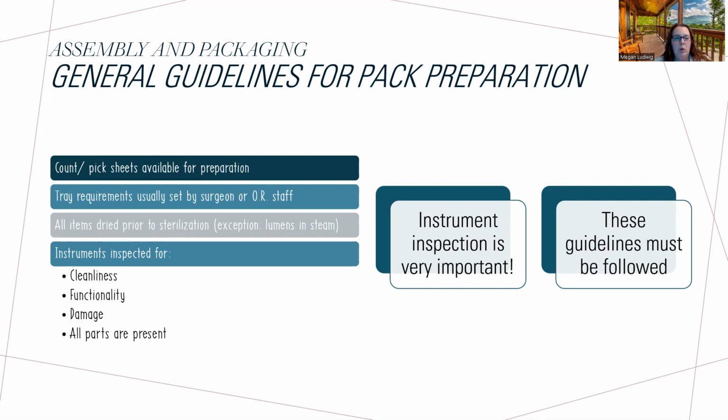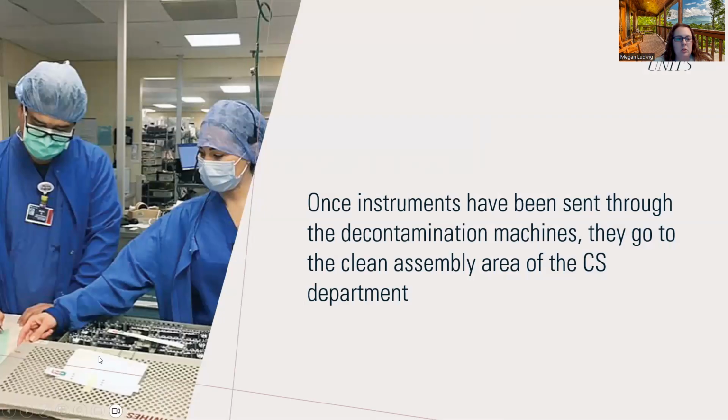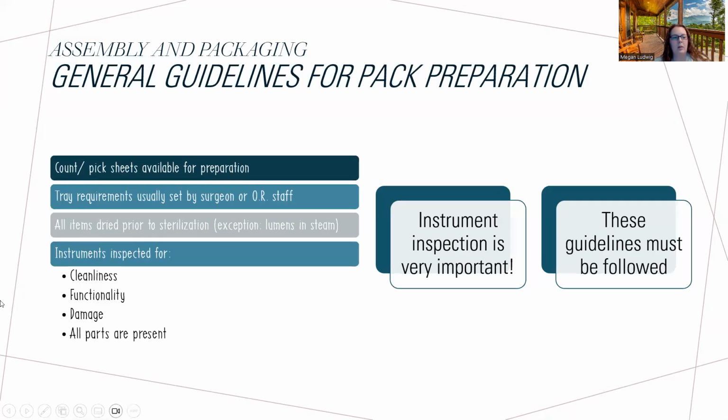So a lot of those, like that tray in the previous slide, it's kind of hard to see, but this piece of paper most likely has everything needed in that tray. A lot of facilities have something that can be printed off, literally checked off by the person packaging it as they're going through the tray, like a double check. And then that paper with everything listed can be put into this tray and sterilized.